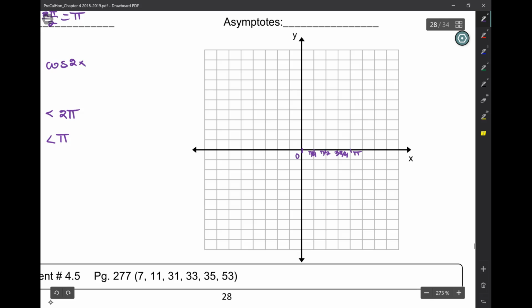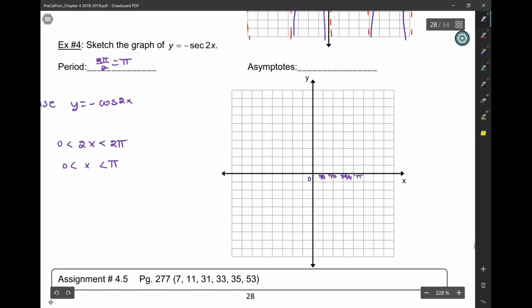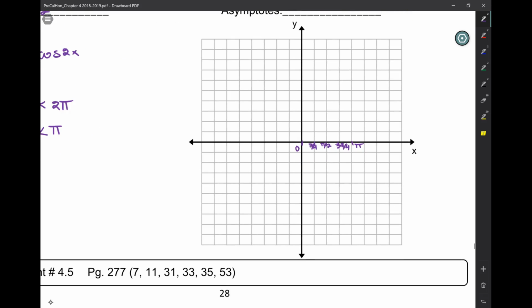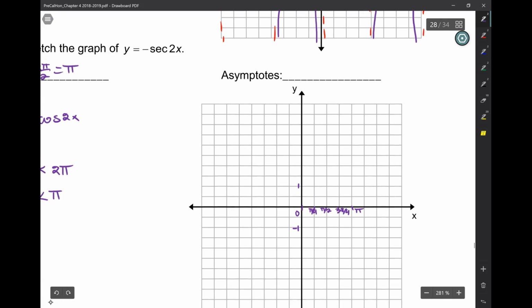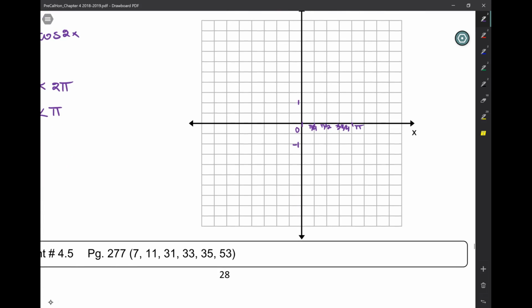The amplitude is 1. Actually, what I'm going to do is double up here. I'm going to make this a 1 and this negative 1. Because a is negative 1, my cosine is going to start here, go up to 0, maximum, 0, minimum.